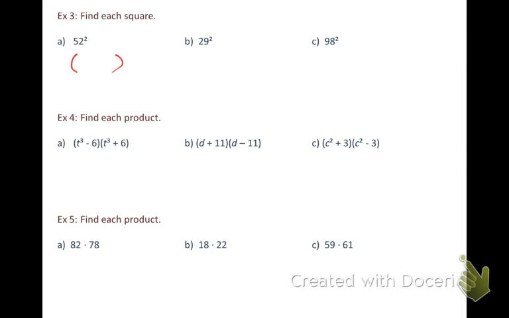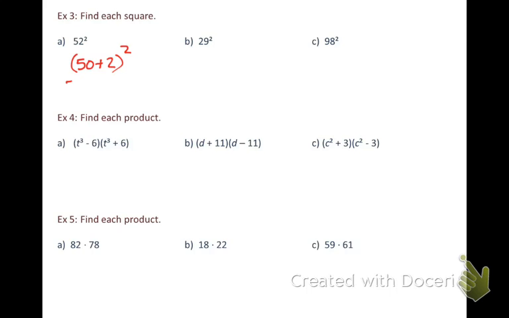You're going to round 52, and the closest round number to 52 is 50. And then you're going to add 2, because 50 plus 2 is 52. And then you're going to square it. Then you have to show each step. Yes, kids, you need to show your steps for homework.